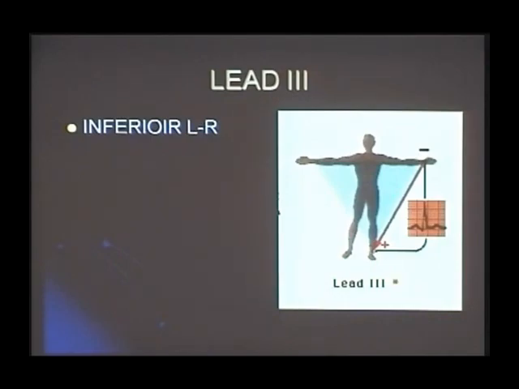So lead 3 is recording inferior and right, lead 2 is recording inferior and left, and lead 1 is recording right to left horizontal. These are the 3 bipolar leads. We have seen 2 inferior leads, which will give us an idea about the inferior surface, and 1 lead which will give you an idea of my lateral surface.